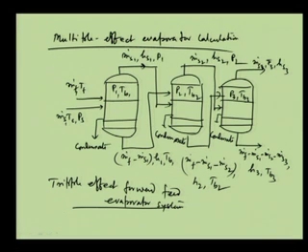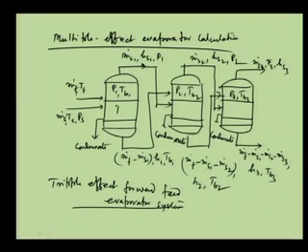Now, one thing I should say is that while the mass balance is already taken care of while giving these values and the boiling point. So, this is effect 1, this is effect 2, and this is effect 3. Steam is put into the first effect, the saturated external steam.